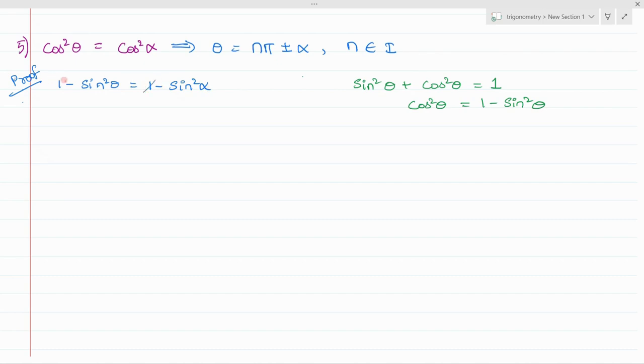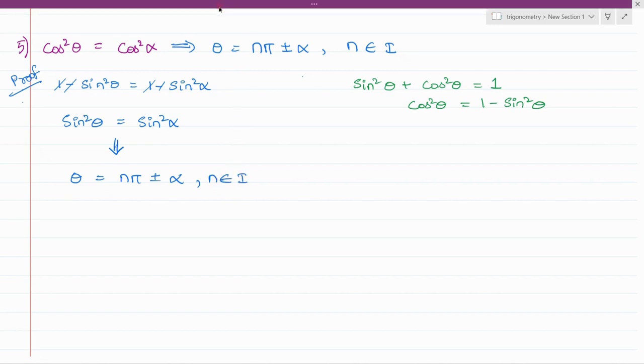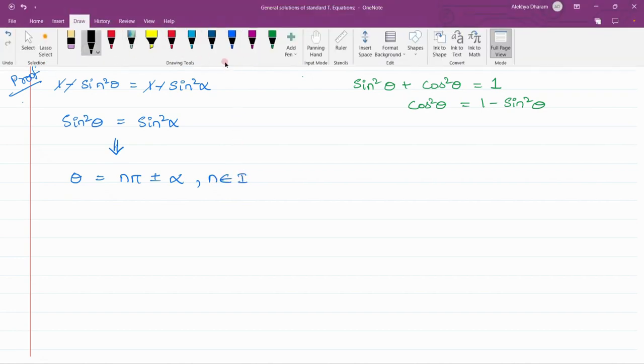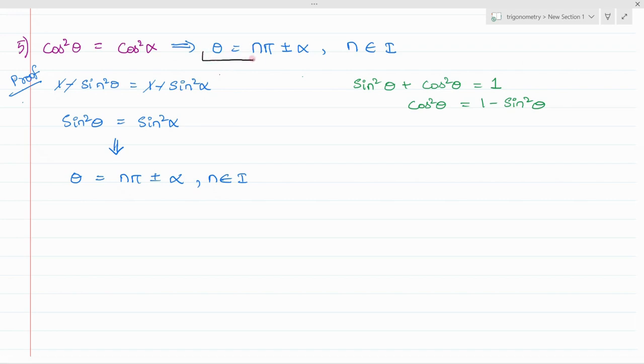If you cancel 1 and 1, minus and minus, you will get sine square theta is equal to sine square alpha. So just now we have proved the general solution for these kind of equations, that is theta is equal to n pi plus or minus alpha, where n belongs to the integers. That's the reason this equation also has the same solution as sine square theta is equal to sine square alpha.